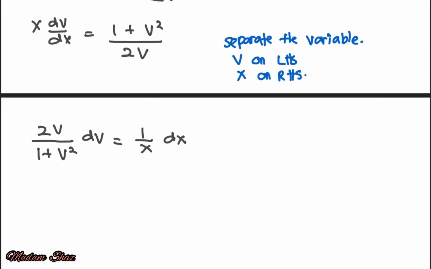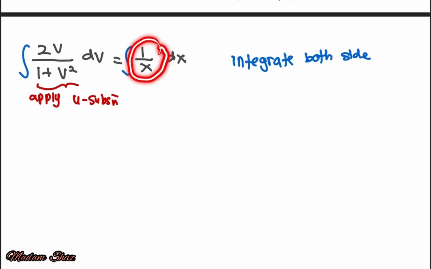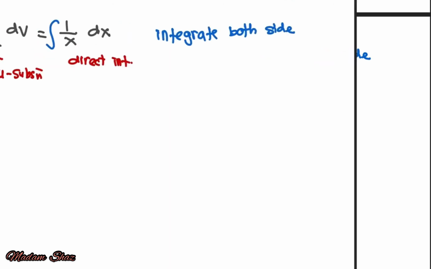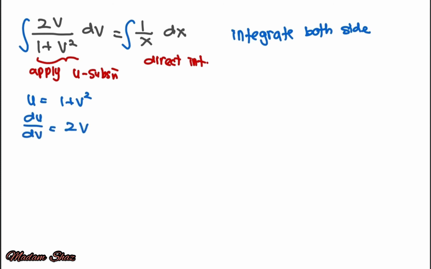Okay, so from here you have to integrate both sides. In order to integrate 2v over 1 plus v square, we have to apply u substitution. In order to integrate 1 over x, this one is direct integration. So u will become 1 plus v square. du over dv, differentiating 1 plus v square, will become 2v.